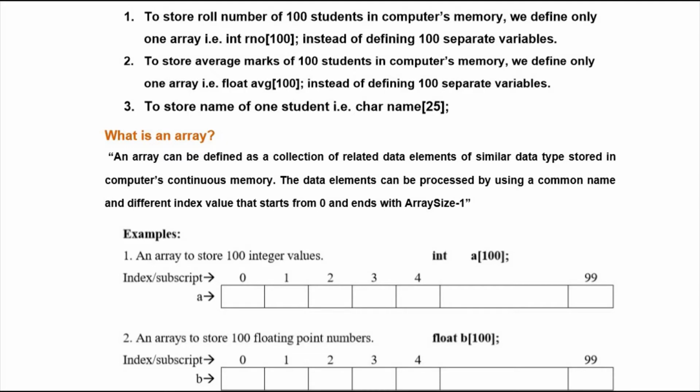Integer type of data. When I write like this, an array is created in memory with the name A. It starts from index 0 up to the size of the array minus 1, that is 100 minus 1, up to 99. So I am able to store values from index 0 up to 99, that is 100 elements.